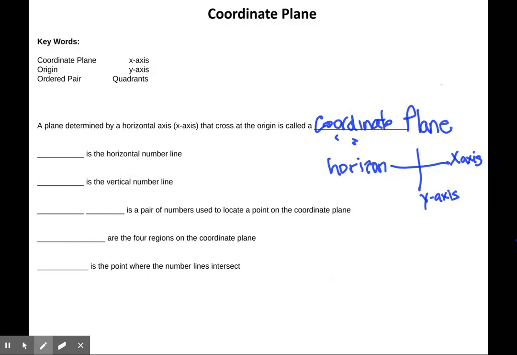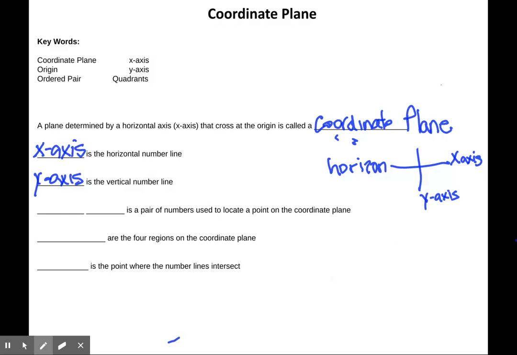The horizontal number line, the one that goes on the horizon, is called the x-axis. The one that goes vertical is called the y-axis. Like I said, this is all stuff that you already know. We're just taking it a step further.